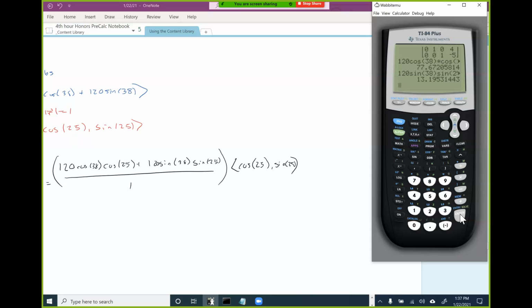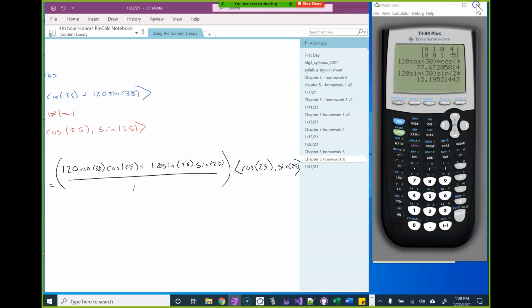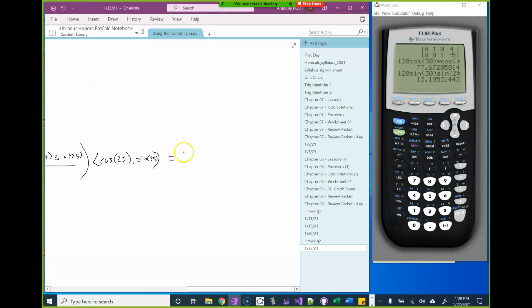Let me double check to make sure what mode I'm in. Don't want to get too far if I'm in the wrong mode. So 77.67, 113.20.